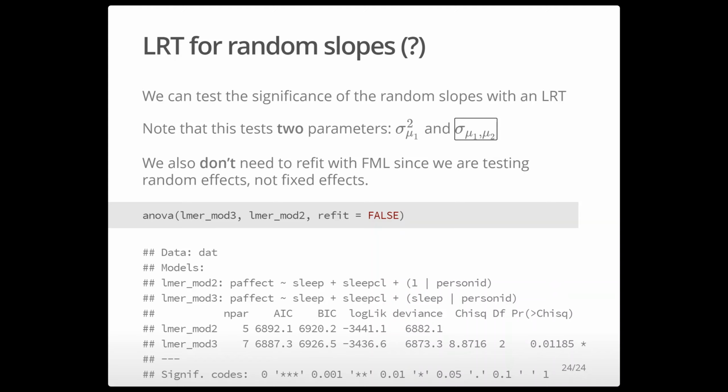And we see here it is significant, but again, this is not a perfect test. And if you look, AIC and BIC actually disagree here. The AIC for the full model with random intercepts is lower, but the BIC is actually higher. It's because BIC penalizes extra parameters a bit more.